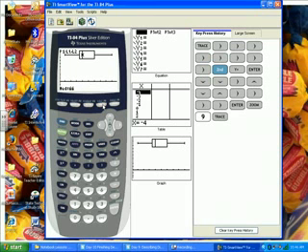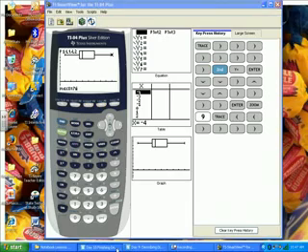The median is 66. Quartile 1 is 65. The minimum is 60. Q3 is 70 and the max is 76. Questions there? So that's the calculator stuff.